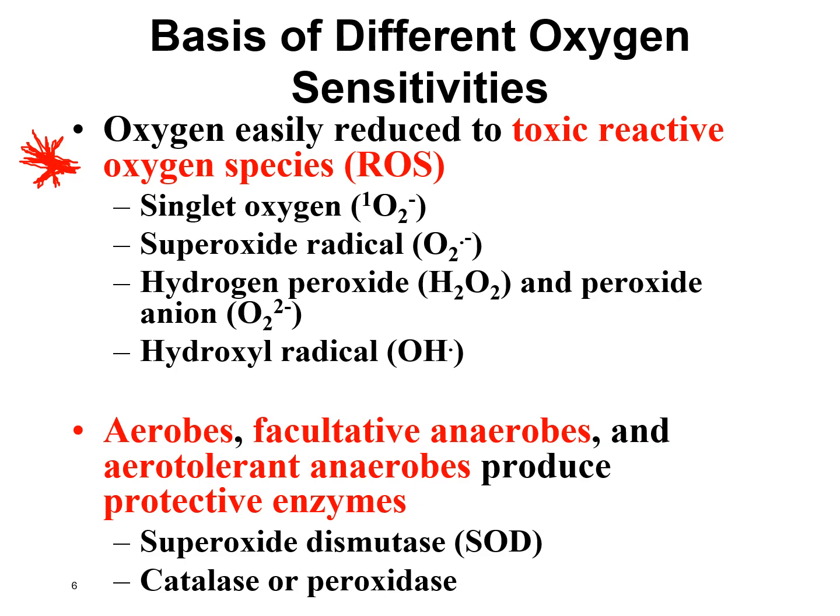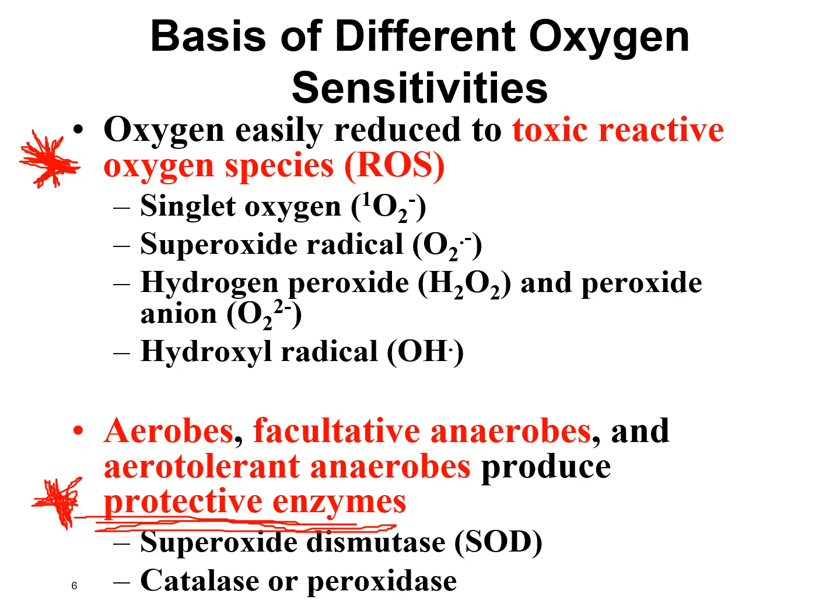Okay, so how do organisms deal with these reactive oxygen species and not get killed by them? Well, through evolution, organisms have come up with a way to deal with this. So some organisms are able to produce protective enzymes.